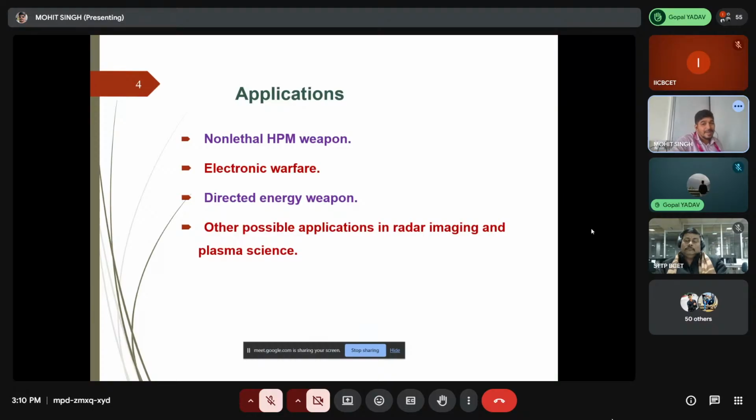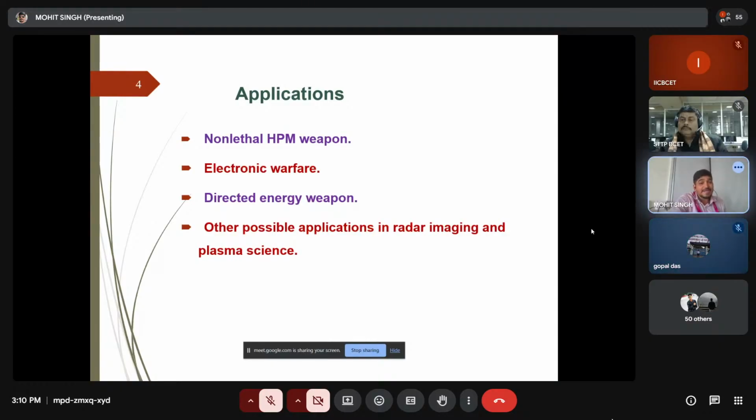Now coming to directed energy weapons. What is the difference with conventional weapons? A conventional weapon carries a magazine, and is dependent on magazines. But directed energy weapons are operated with high power and high voltage.